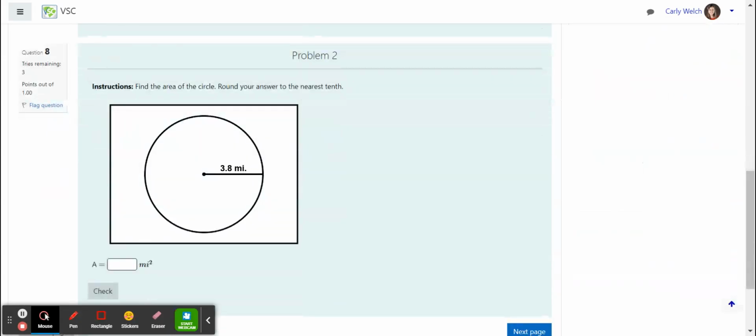And my radius for this one is 3.8, so I can just substitute this number out here and round to 45.3.